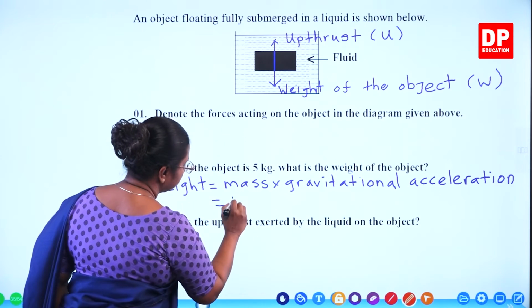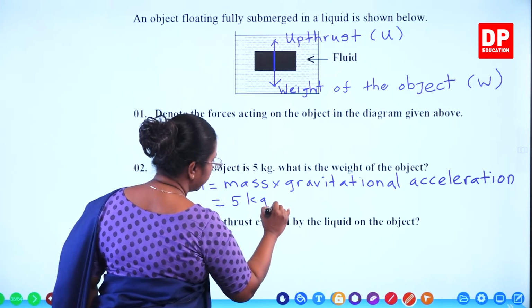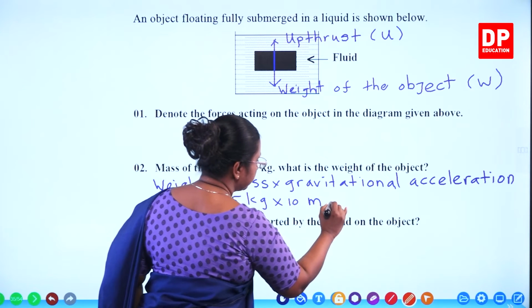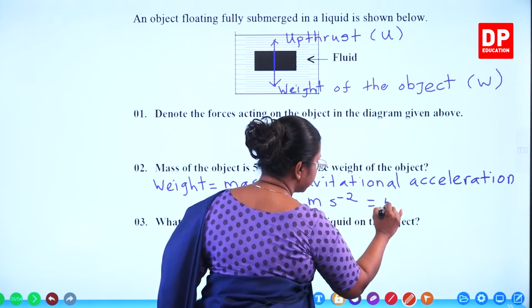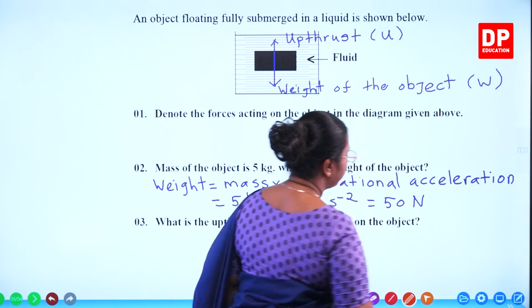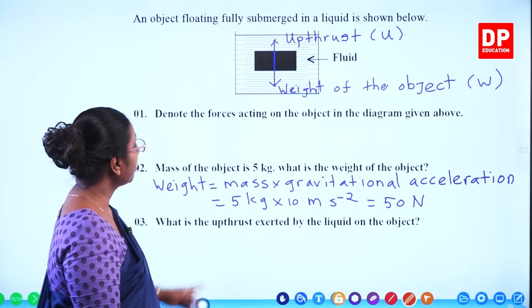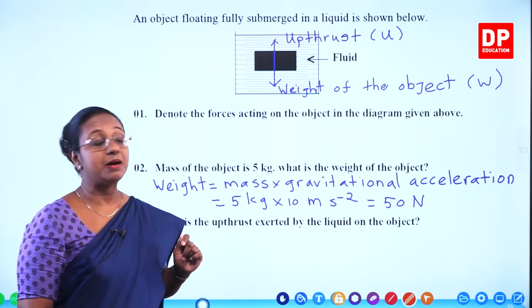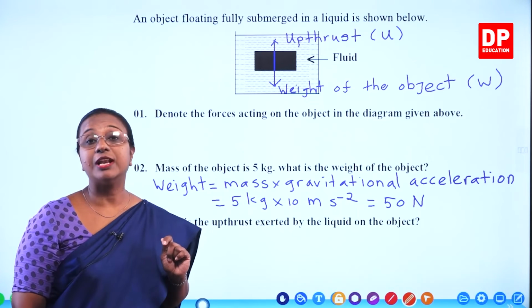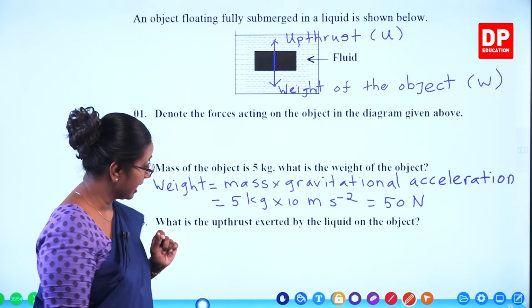That is equal to 5 kg into 10 meters per second squared. So that is 50 Newton.